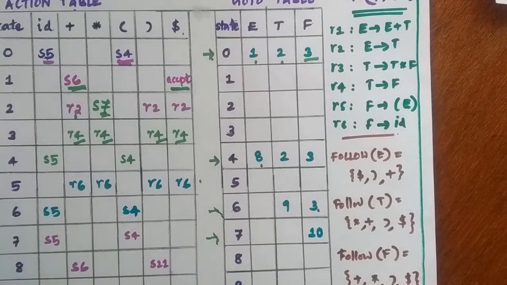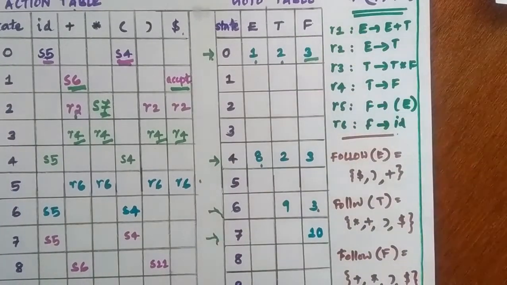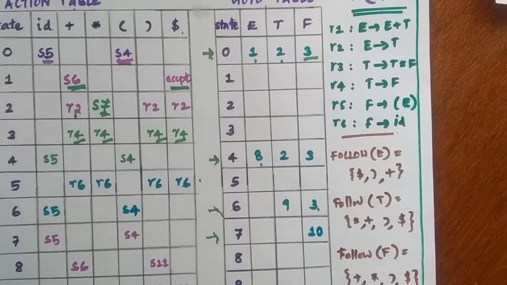These are the valid entries in the goto table. There is no multiply defined entry in this goto table either. So we can tell that we can use this grammar to construct an action table and a goto table, because there is no multiply defined entry in any of the cells.